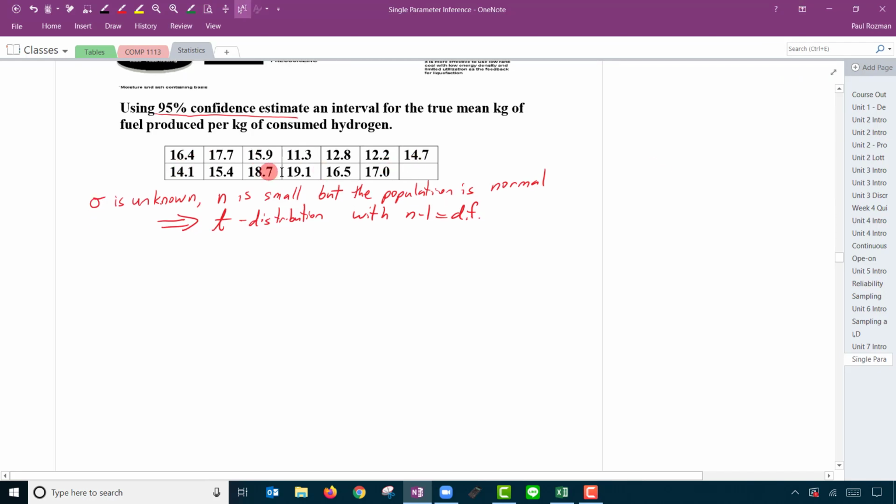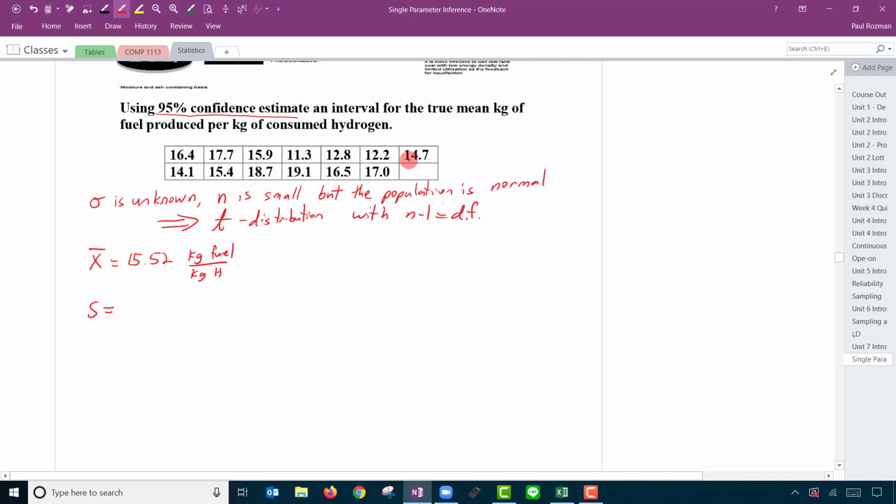Plug these 13 values into your calculator and calculate the mean. I ended up with 15.52 kilograms of fuel per kilogram of hydrogen. And I came up with a standard deviation. Remember, you use S here because this is a sample.